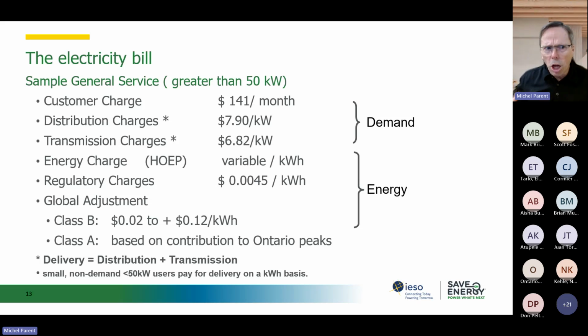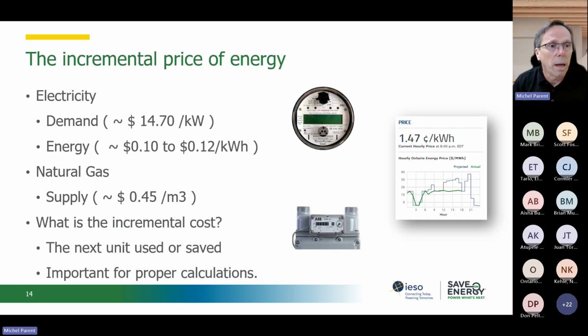So a lot of Class A customers, if they have the ability to use a heat pump, could actually benefit financially. Instead of seeing an increase in their electric cost, they could see, in their total energy cost, I'm going to correct myself, a reduction. Whereas for a Class B customer, because the kilowatt hour price is higher, you have to be very agile in how you implement the heat pump in order to maintain your cost at the same level it is now if you don't have heat pumps.